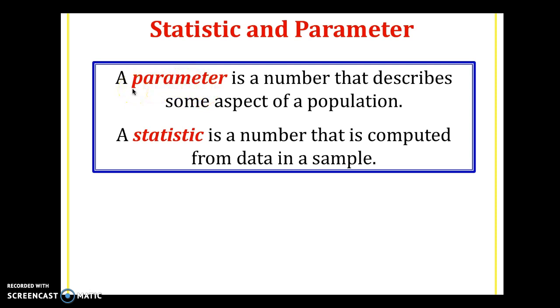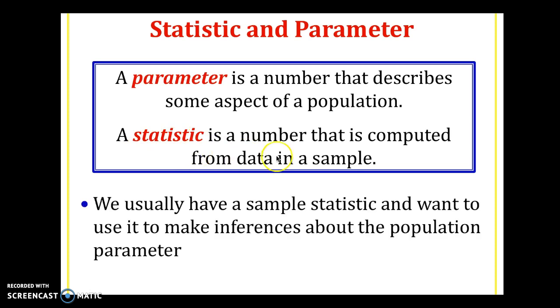But that might be impossible to get, depending on the college and how we define students, as they drop out of class, as they add late courses, even as some young students actually grow during the semester. So a parameter is sometimes more of an idea, whereas a statistic is a fixed concrete number. You could take a sample of 100 college students, measure their height, and then take an average.